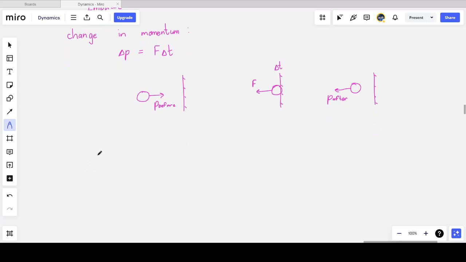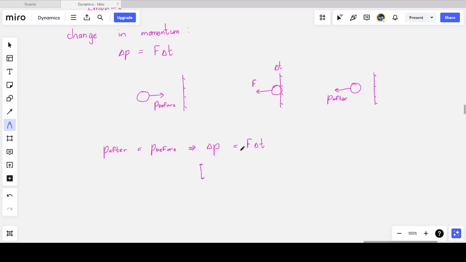Now, what the conservation of linear momentum says is that the final momentum, P after, is equal to the initial momentum P before, and this must equal delta P, or rather, this means that delta P is equal to F delta t, and so the change in momentum will be the force that's applied on the ball multiplied by the duration of time that the collision lasts for.